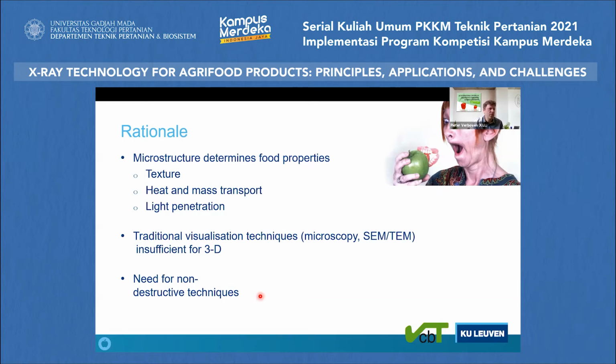So there's a need for techniques beyond normal microscopy, which are usually very complicated instruments on a desktop in a lab. You need a lot of sample preparation for them. We cannot use them for the real application where you want to measure some of these properties in the field.